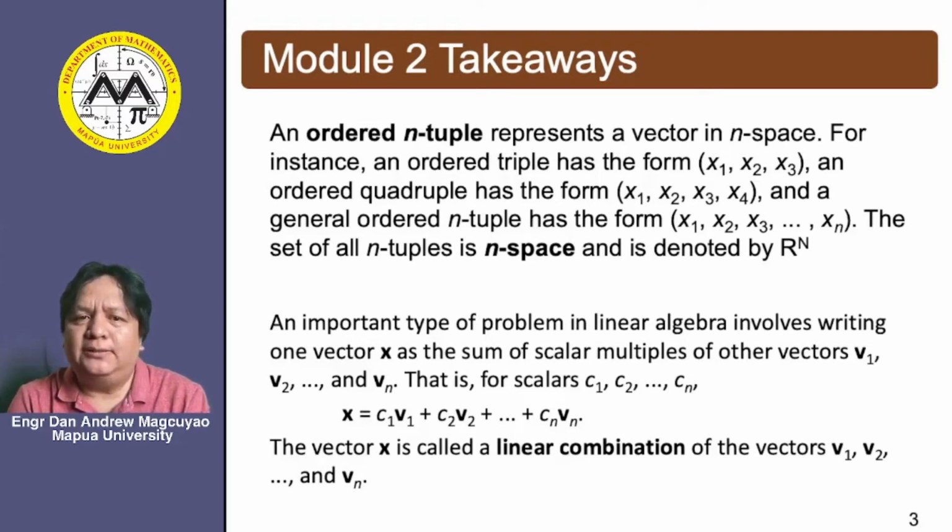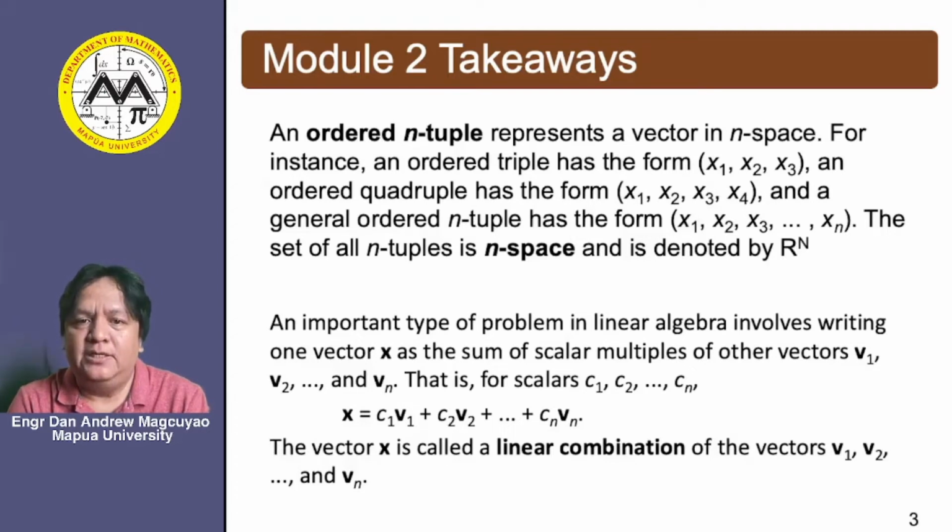An important type of problem in linear algebra involves writing one vector x as the sum of the scalar multiples of the other vectors v1, v2, up to v sub n.